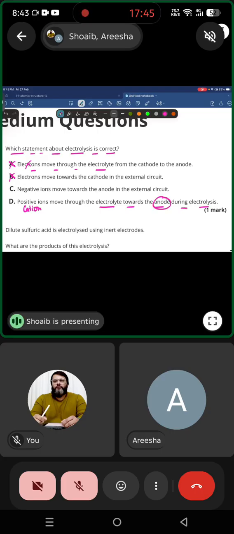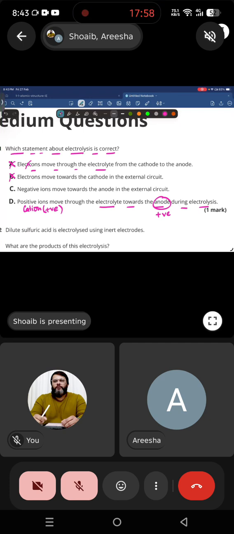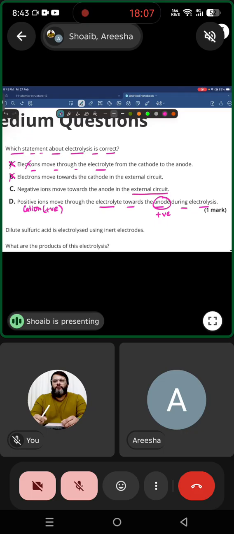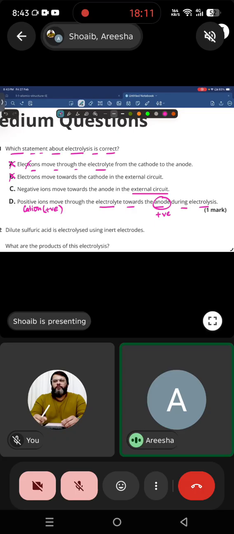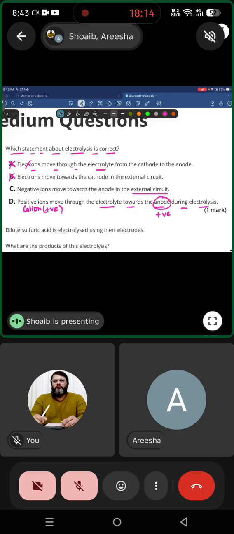The anode is negative. Sorry, the anode is positive. So the positive and positive will repel each other. But there is written external circuit. Hmm. Ions always move in the internal circuit.